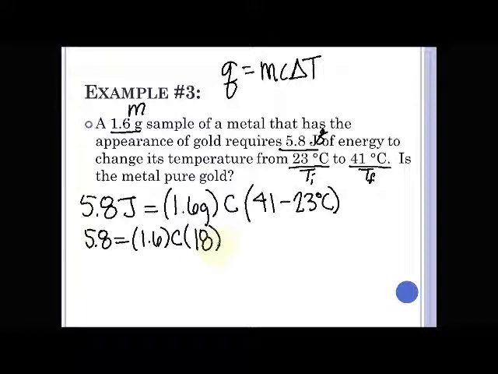So then, to solve this, if we would first multiply on the right side, 1.6 times 18, you get 28.8 times C equals 5.8. So to get C by itself, we're going to divide both sides by 28.8.